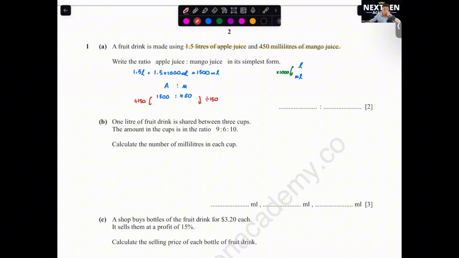Another way to do it, you can just take 1500 divided by 450. You see the fraction, right? 10 over 3. You can just write 10 to 3. You can just type in the calculator 1500 over 450, 10 over 3. Question 1, all good? Easy? Okay, let's go to question B.